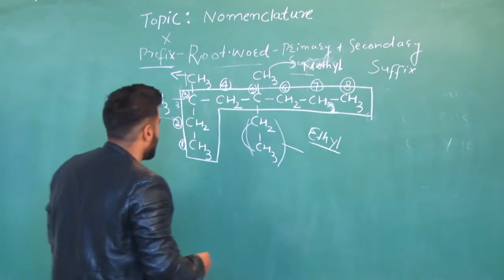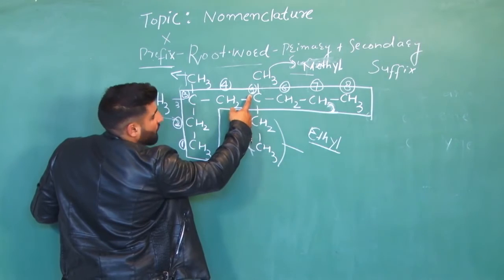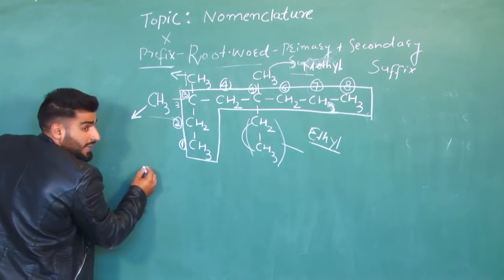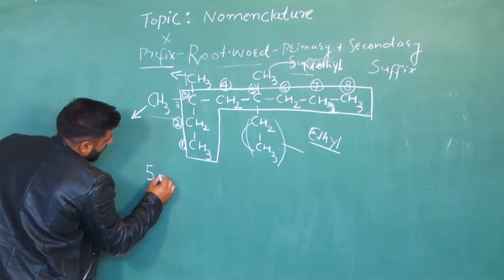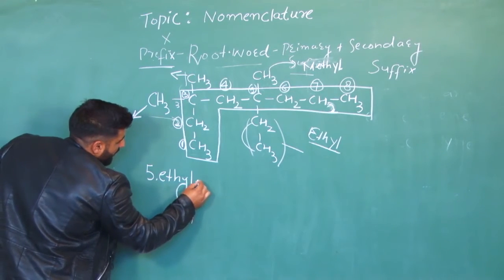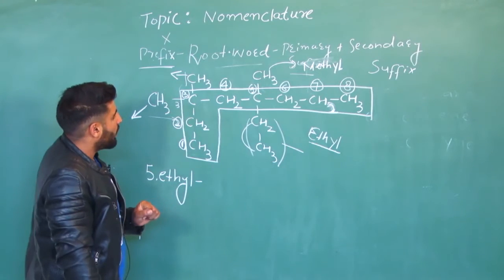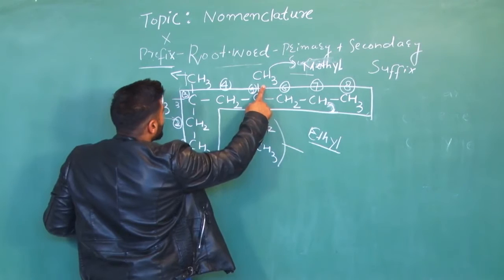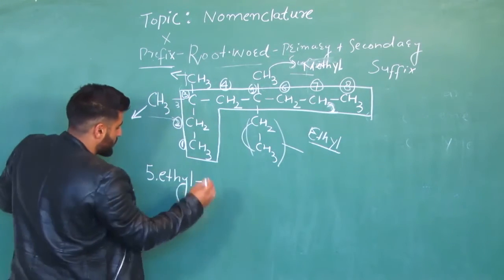So how will be the name? Now I have to write ethyl. It is on carbon number 5 and I have only 1 ethyl. So I will be writing the locant 5, hyphen 5-ethyl. And what I have now are methyl groups. At 5, at 3, but at 3 I have 2 methyl groups.